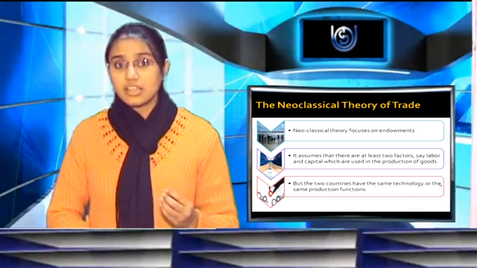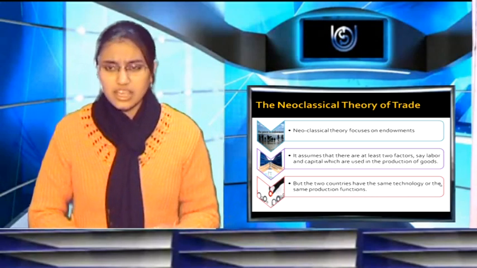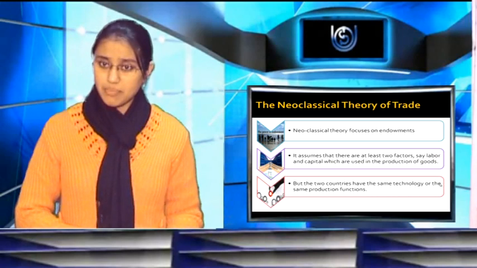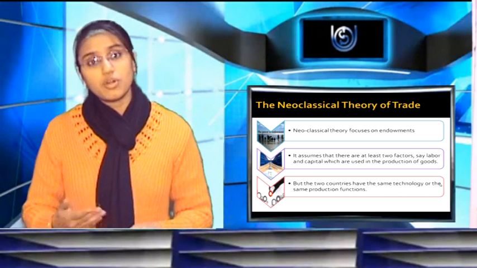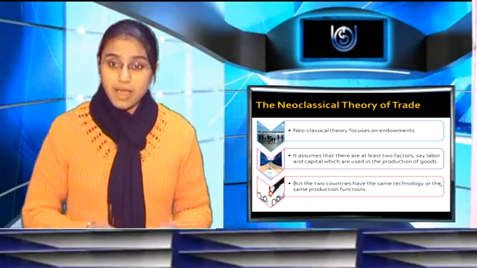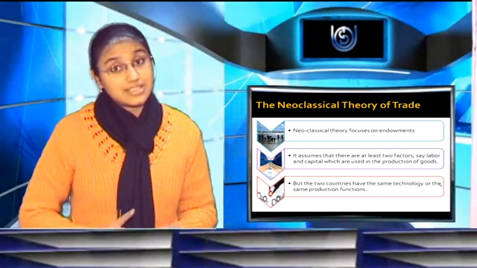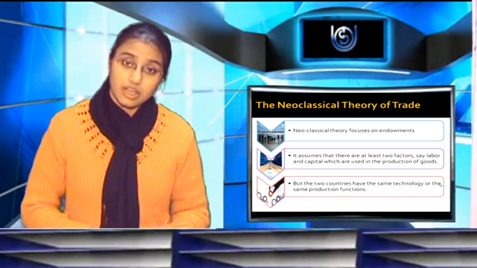Another point is that there are at least two factors in the economy, labor and capital, which are used in the production of goods. But the two countries have the same technology, or the same production function.